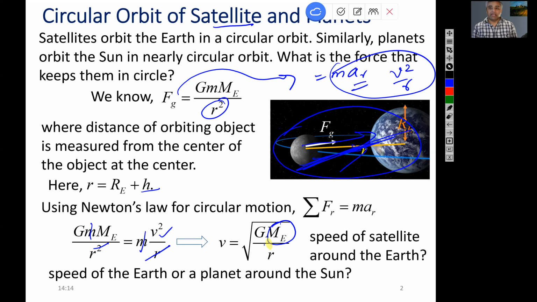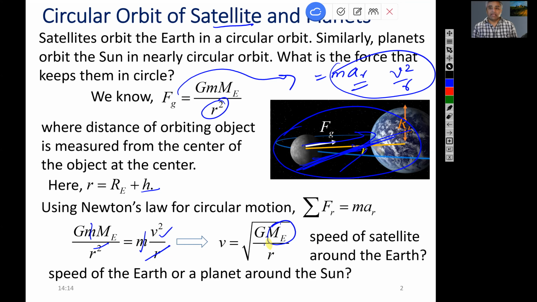So it depends on the problem whether you're going to be using H or just R. In this case, it just says from the center, so that means we are just looking for R. Okay. R is what?